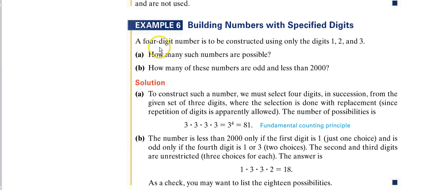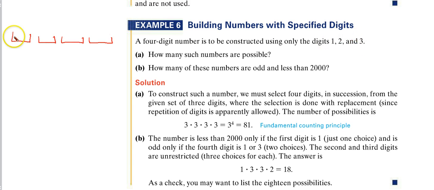So, you have a 4-digit number to be constructed using only the digits 1, 2, and 3. How many such numbers are possible? Well, as we look at this, this is going to be 4 digits here, and the numbers you have are 1, 2, and 3.